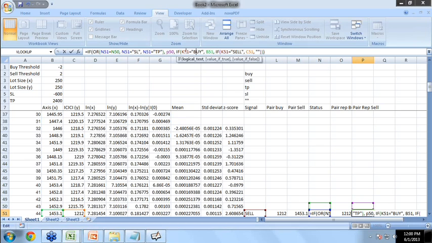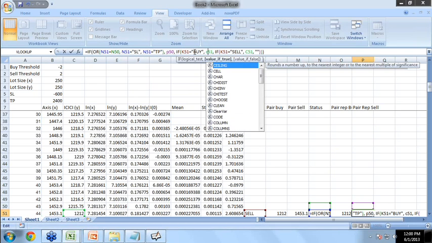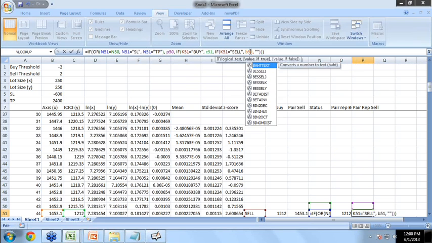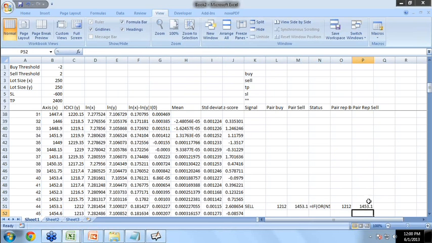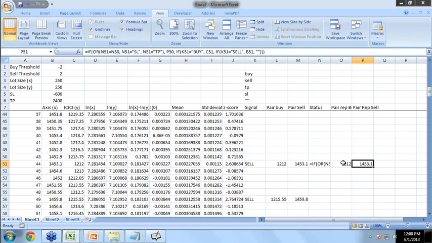If K51 is equal to buy, then it would be C51, because now we are seeing the sell leg, and if K51 is equal to sell, then it will be B51. All right. So now we have these two things which will keep on repeating depending on the status column, right?